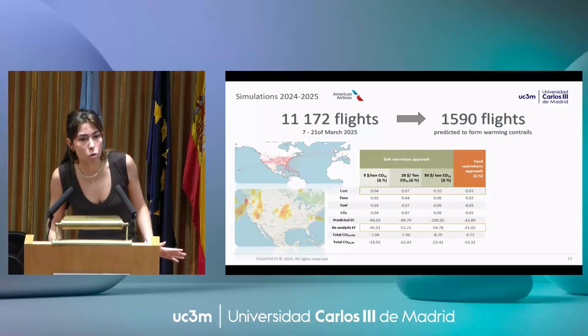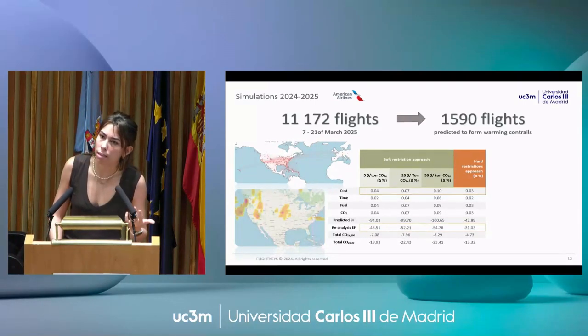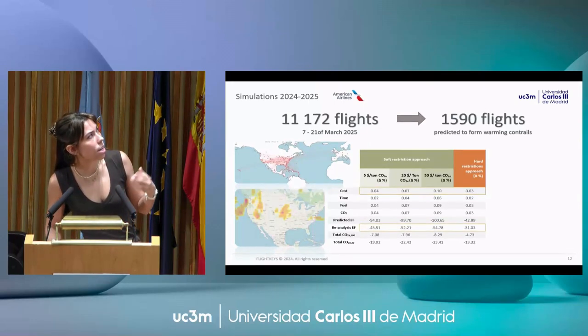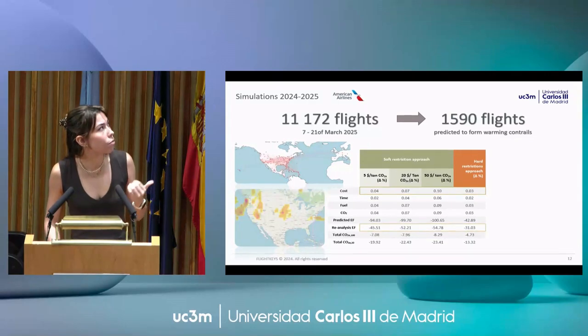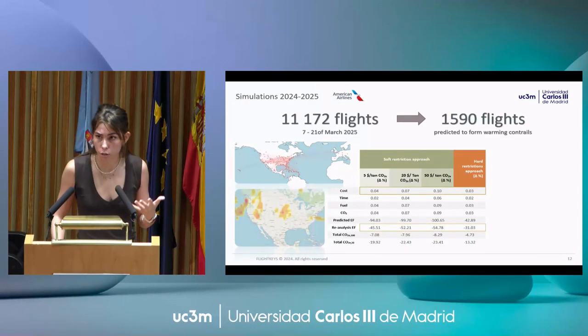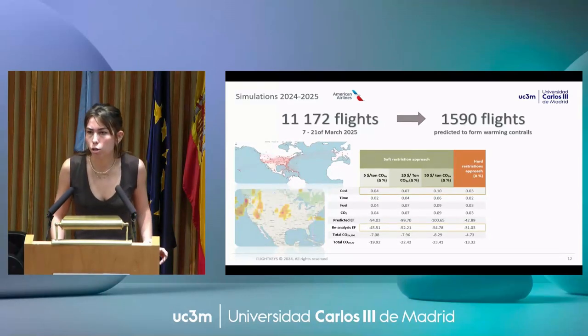And we can see the different operational KPIs, so the cost, time and fuel, and then the environmental KPIs. What is interesting to see is that for different costs, even the higher cost, we can have a reduction in total energy forcing of the contrails of around 50% with an increasing cost of 0.1%.